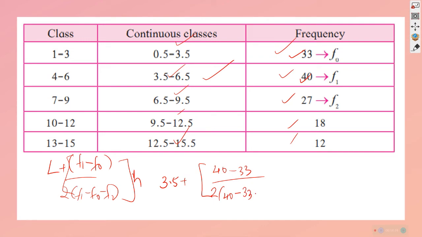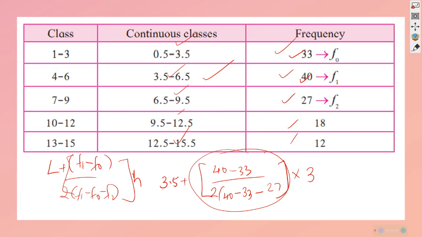Understood? Minus F2, that is 27. We'll put all these values and close the bracket, and H is the difference. 0.5 to 3.5 means 3. So we have to solve this.